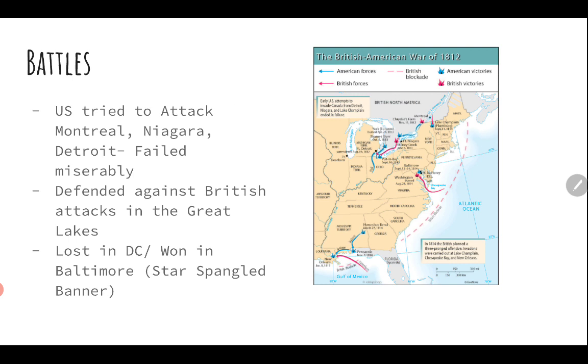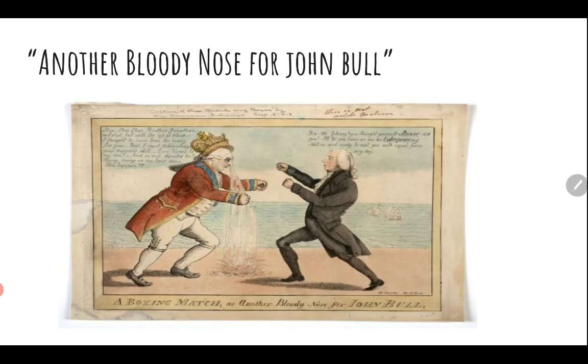So what happens with this war? We don't end up taking out Canada. We try and fail. So offensively, we don't do what we want to do. We try to take over Canada and it doesn't work. Defensively, we do keep out the British, except a couple of big exceptions, which is they burn down the White House. So, we are going to defend ourselves well.